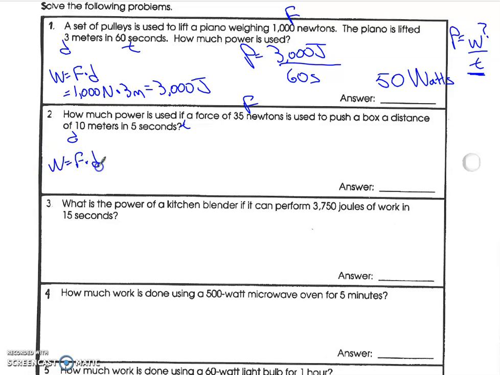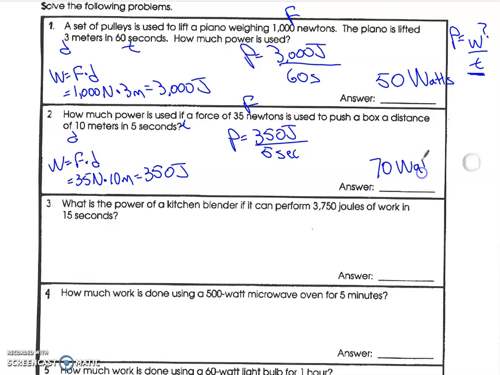Work equals force times distance. 35 newtons over 10 meters is giving us 350 joules of work. So now power equals work divided by time. So we take that 350 joules of work divided by the time, which is in the correct unit, 5 seconds. And we end up getting 70 watts.